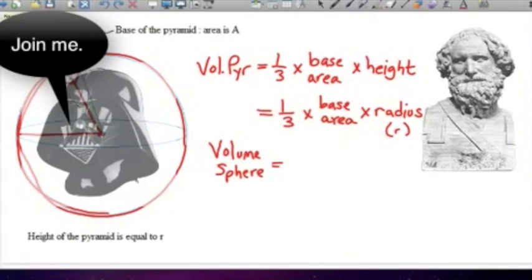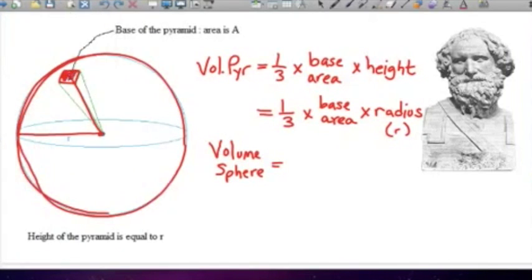Looks like a Death Star. Anyway, so we're going to take these little surface areas over here and cover them all over so that we know that the base area is actually going to be equal to the surface area of the sphere. And then we're going to multiply that times the radius.